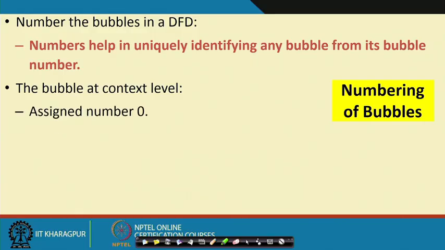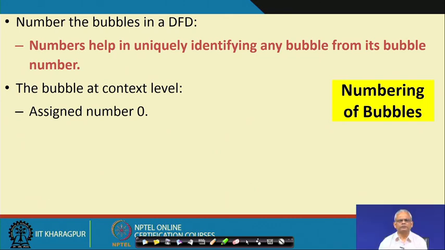In the next level, in level 1 we write 0.1, 0.2, then by just looking at the number we would know which diagram, and that is the reason why the bubbles are normally numbered both by the tools and even if we are doing it manually.